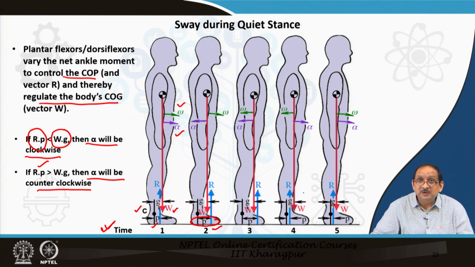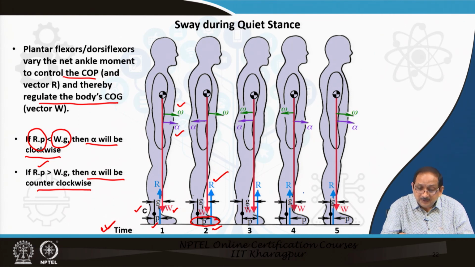So, it will increase the R vector as well as the distance P through which it acts. So, this will cause the R vector to be anterior to W as indicated in the figure, time instant 2. So, the R vector is anterior to W, and now the moment RP will be greater than WG.